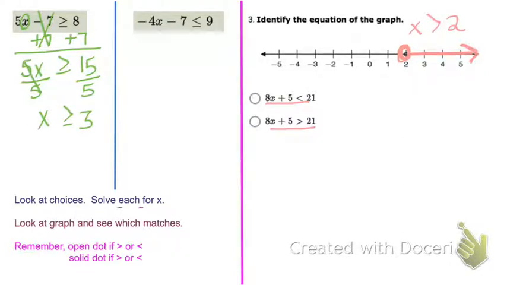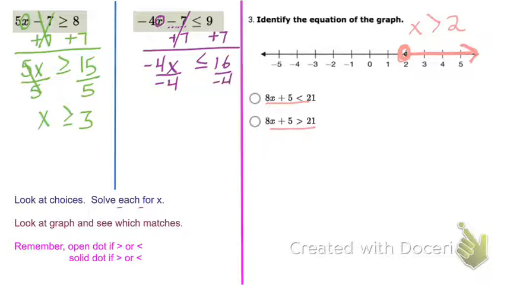Now let's try the next one. This one has a couple of negatives, so let's see what happens. I'm going to add 7 to both sides again. Always move away from the x, what's being added or subtracted first. So I have negative 4x, and then this is 16. Adding does not flip the sign. But for this step, I need to divide by a negative 4.